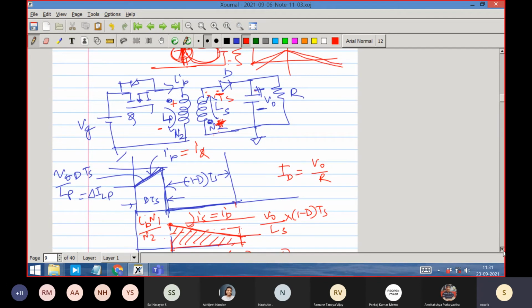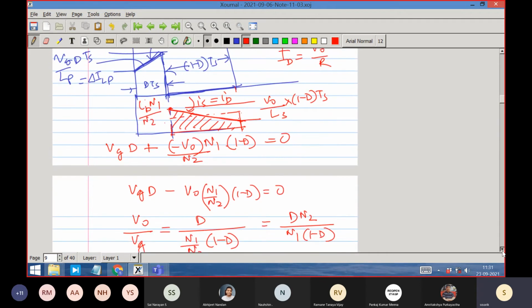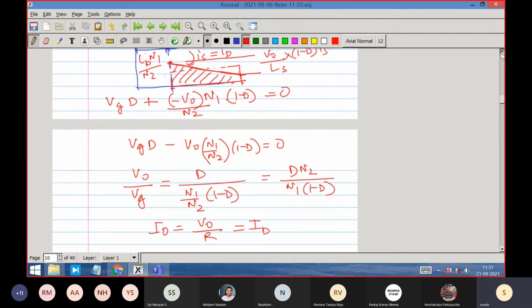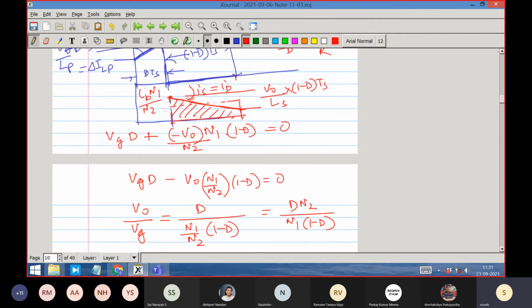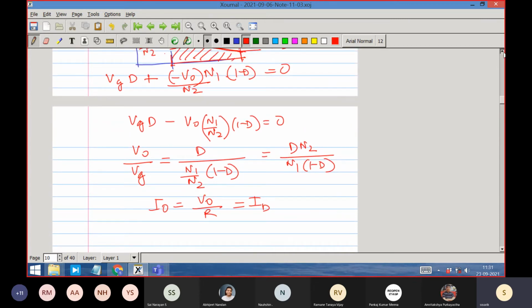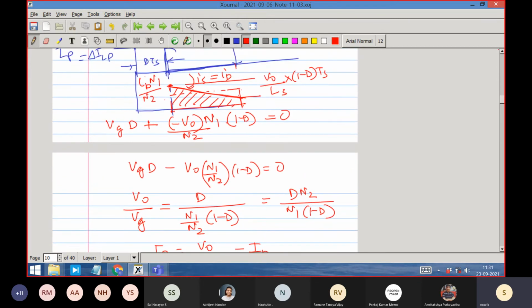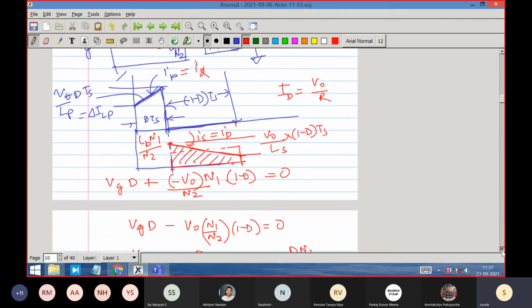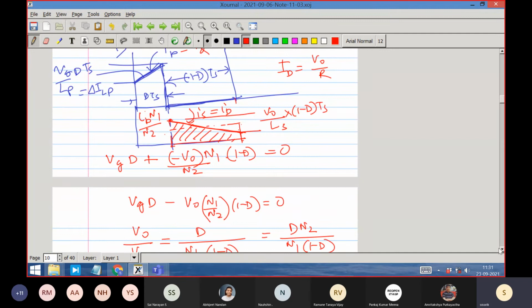And now what is the output current? I naught is equal to V naught by R. That must be equal to ID, right? What other thing I need to find out is the level wise.